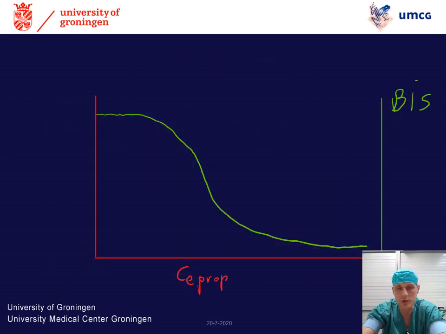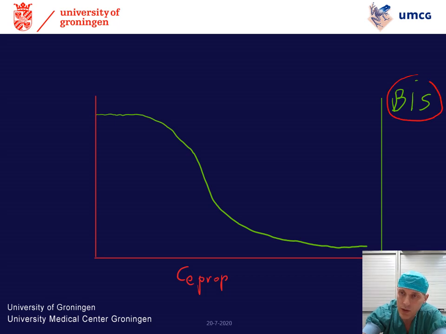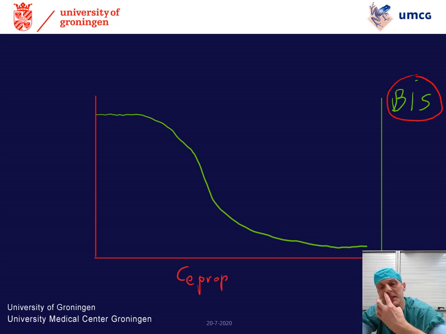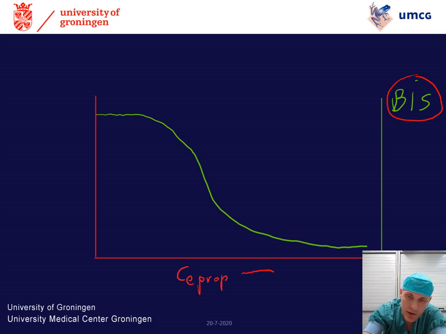So now that we've constructed an effect site concentration that should have a closer time course compared to the actual effect, the BIS effect from which it's derived, you should expect the following pattern. If you increase your effect site concentration of propofol to higher values, then your BIS value will decrease according to the sigmoidal Emax curve, like it's drawn here in green.